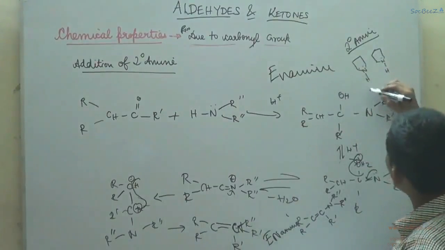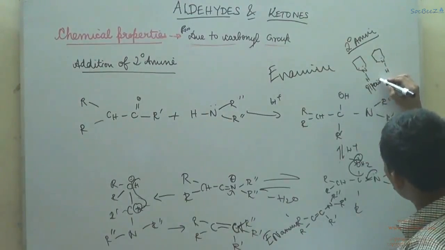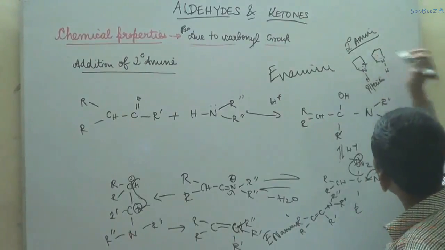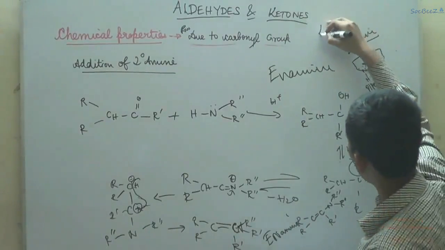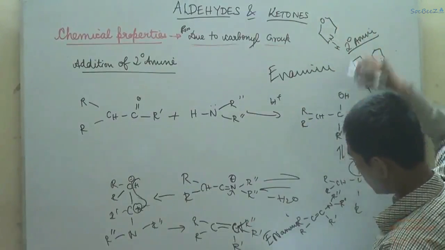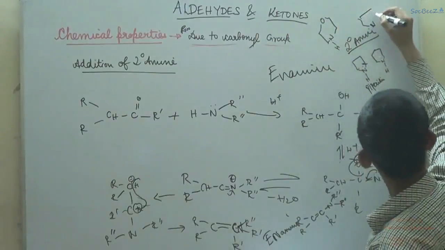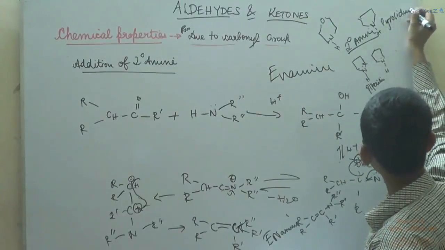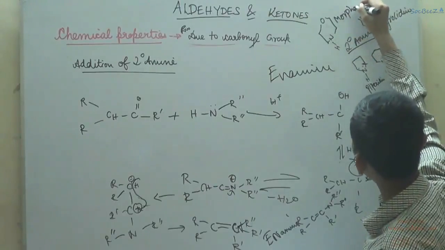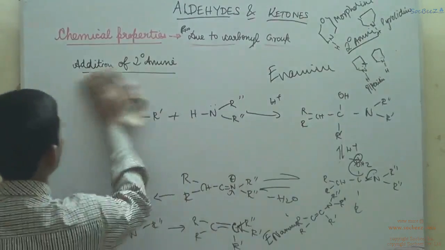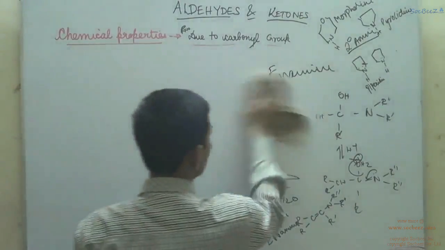So this is piperidine, then you have morpholine, this is morpholine, and then you have pyrrolidine. This is pyrrolidine, and this is morpholine. Okay. Now these enamines give rise to many other interesting reactions, which you are not going to study because it's beyond the scope of our syllabus.